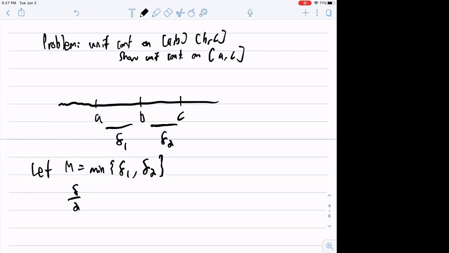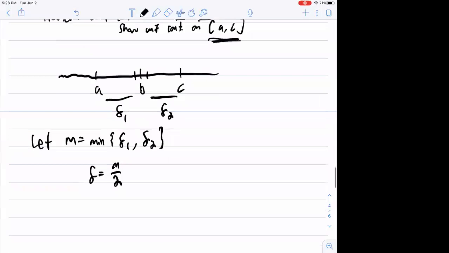Let little m be the minimum. Then we're gonna let delta be m over 2. So the reason for this is, what's the only issue we see here? What's the only difference between this and these two? It's if one point is here and the other point is here, right? But you see that if this is the case, and they are less than m over 2 apart, then let's call this x and this y.